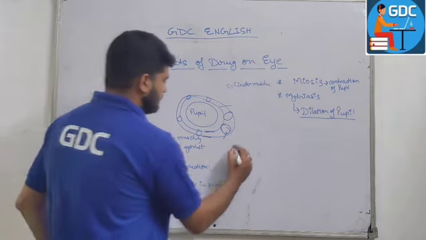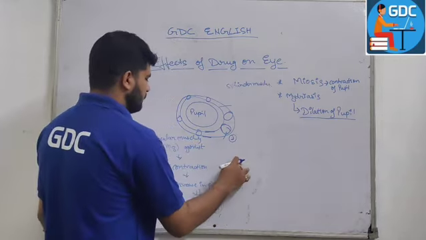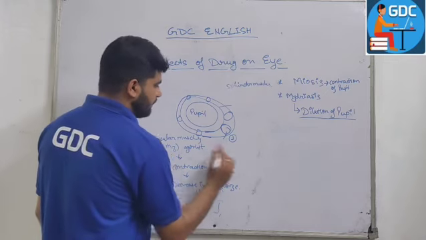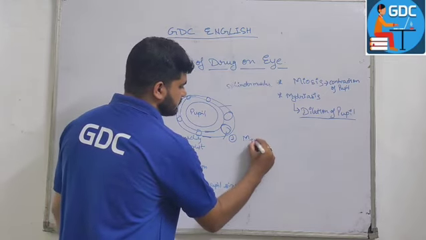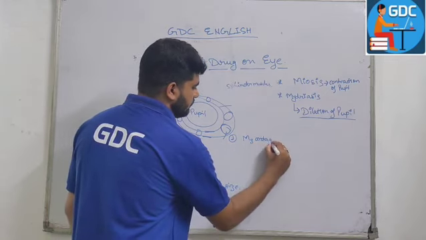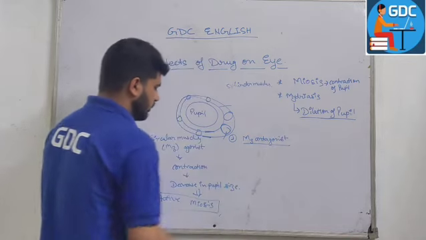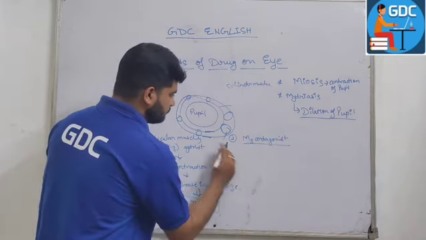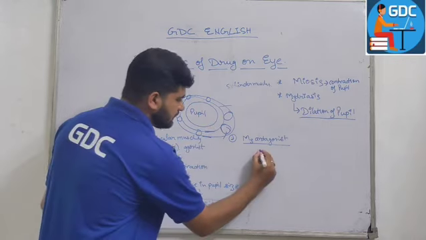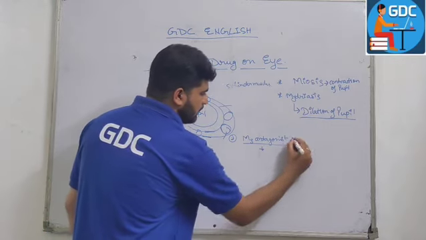Okay, let's move towards the second one. Now we will give the M3 antagonist. So what will happen here? The M3 antagonist will do what? There will be a relaxation, no?